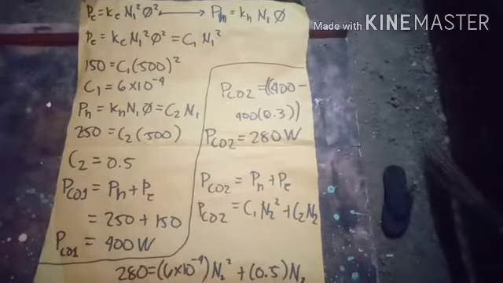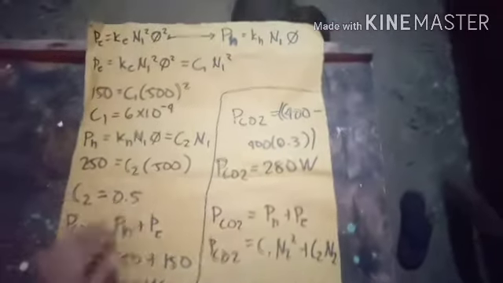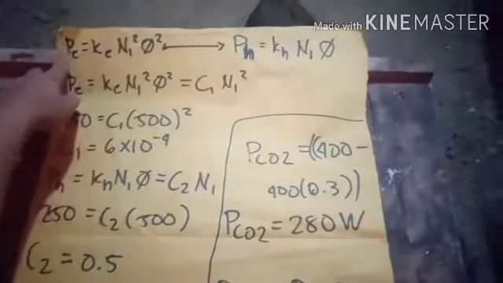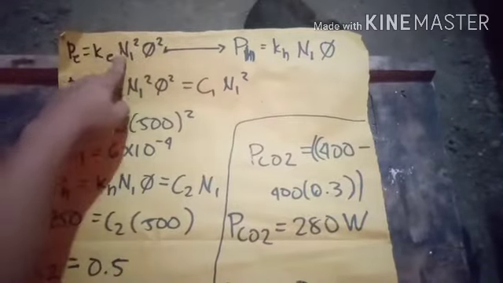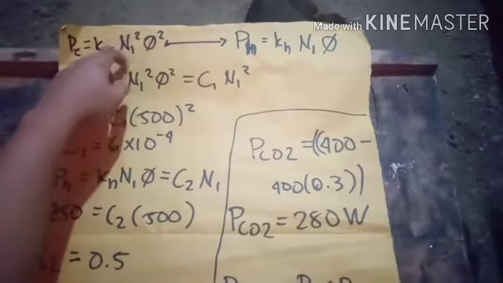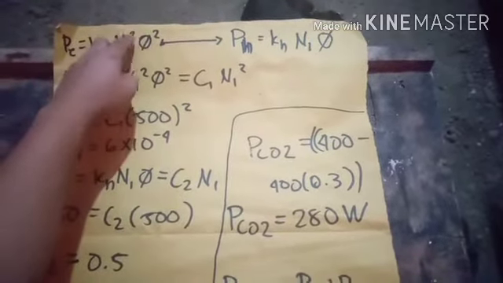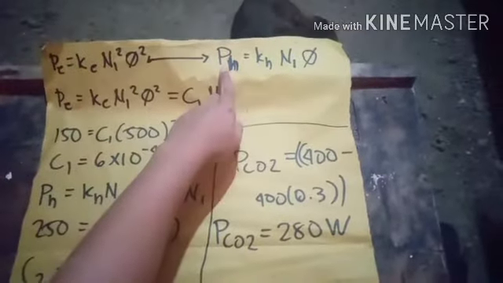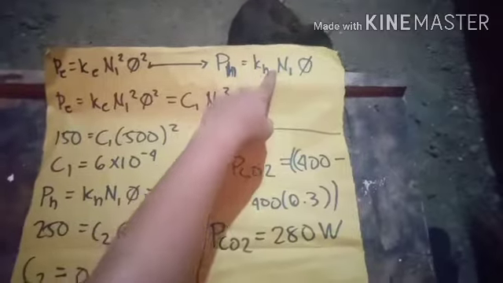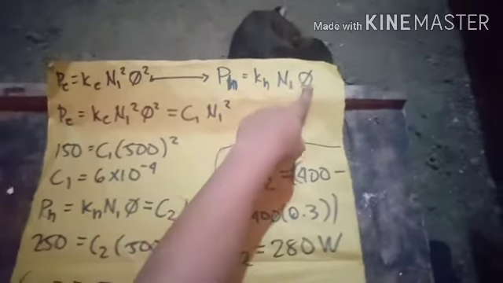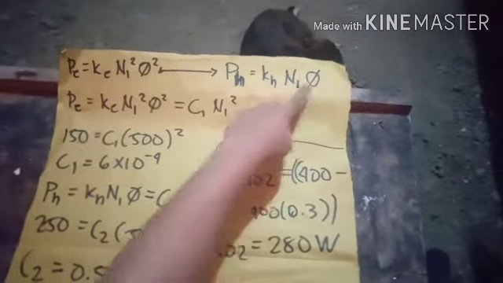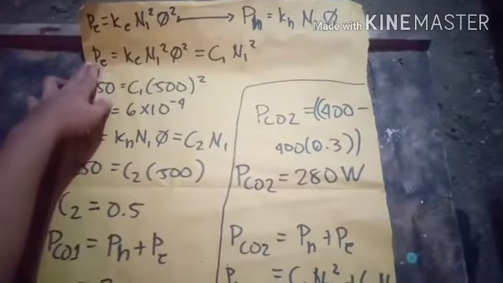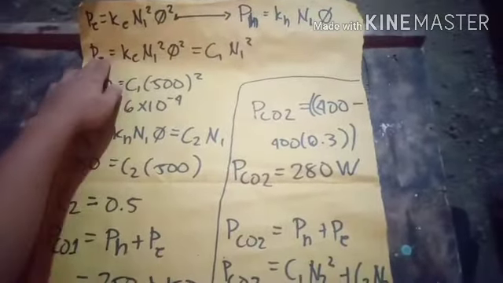Assume flux is constant. So P sub E is equal to K sub E times N sub 1 squared times flux squared. And P sub H is equal to K sub H N sub 1 times flux. First is the P sub E, which we will find.